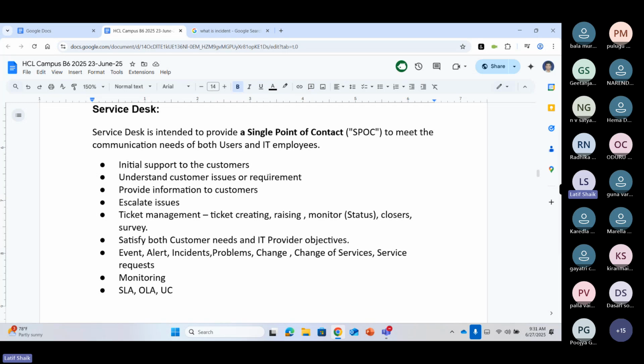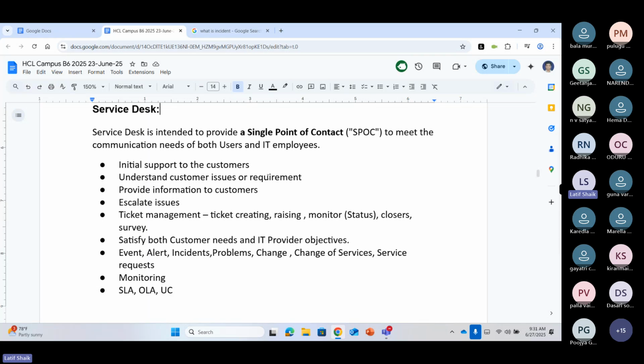What is the service desk? The purpose of the service desk is to provide a single point of contact. Service desk can be different technical people also, right?